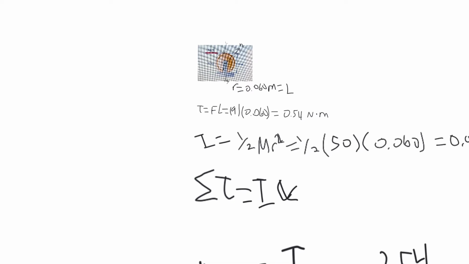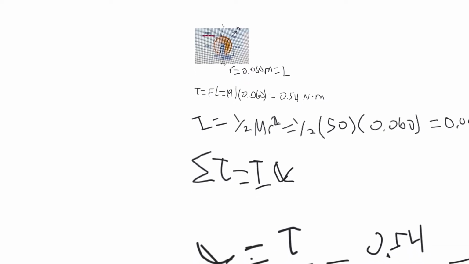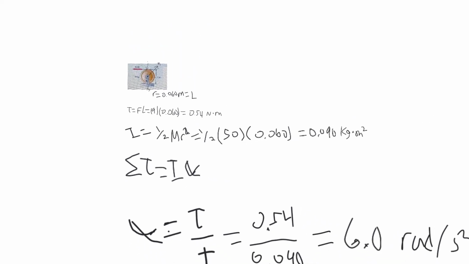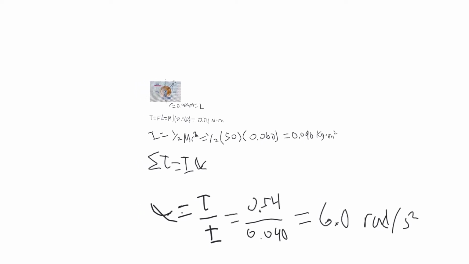Okay, so now to find the moment of inertia, we did this in the previous problem too. It's going to be 1/2 times mass r squared. Using what we have in the problem, it tells us that it has a mass of 50 kilograms.